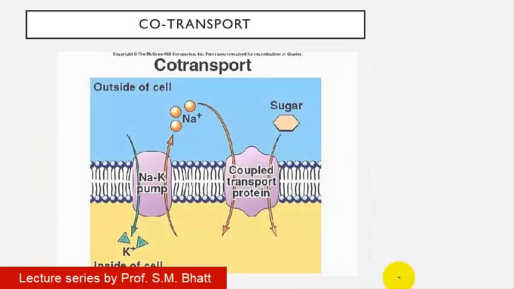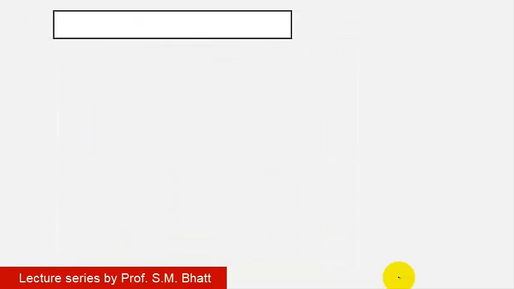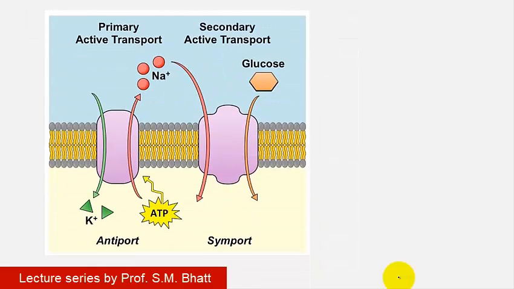What about co-transport? If one sugar molecule is moving with one sodium molecule, this is called co-transport or coupled transport, because without movement of sodium, no sugar will be transported inside the cells. Again, a second example of secondary active transport, right? Symport in the same direction, antiport in the opposite direction.